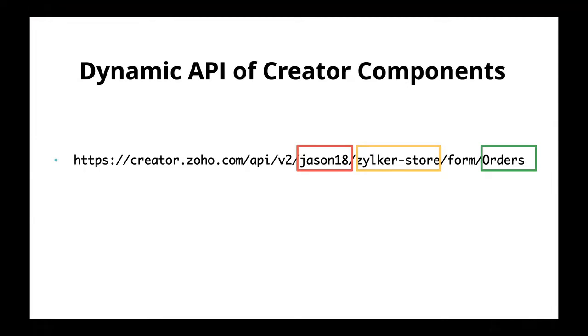This is the endpoint, and then comes the account owner's ID. So JSON18 is the account owner ID, Zilker store is the application name, and /form/ followed by the form's link name. So this is the structure in which the dynamic API of any component is called.